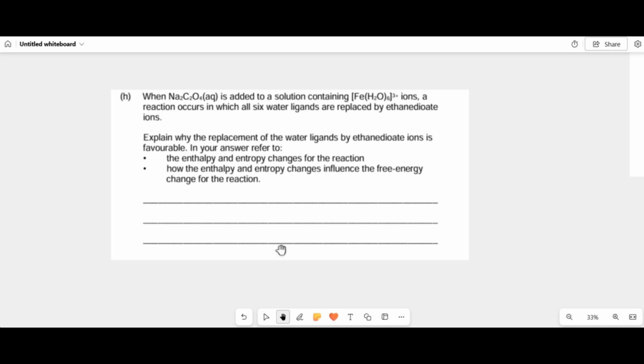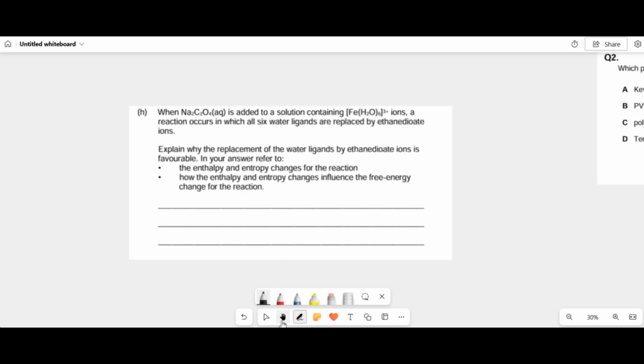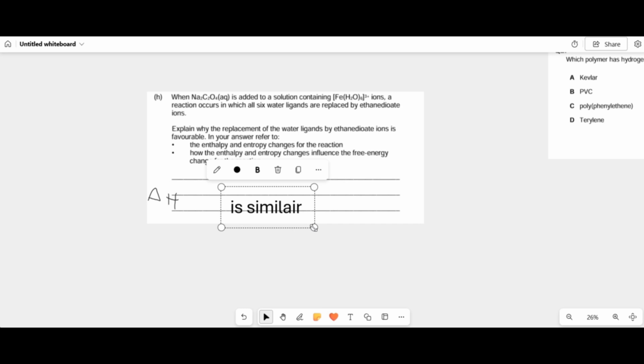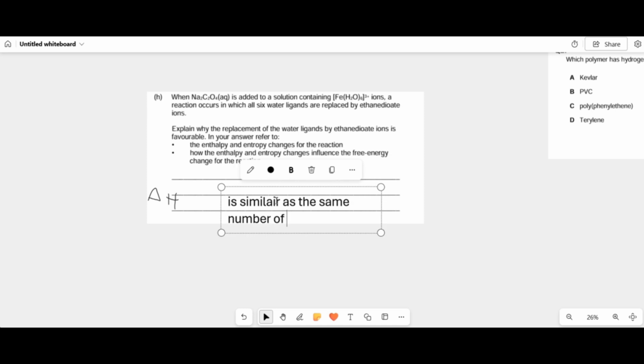Alright, so when Na2C2O4 is added to a solution, what happens to delta H, the enthalpy change? What I can write here is that delta H is similar, as the same number and types of bonds are broken and made.